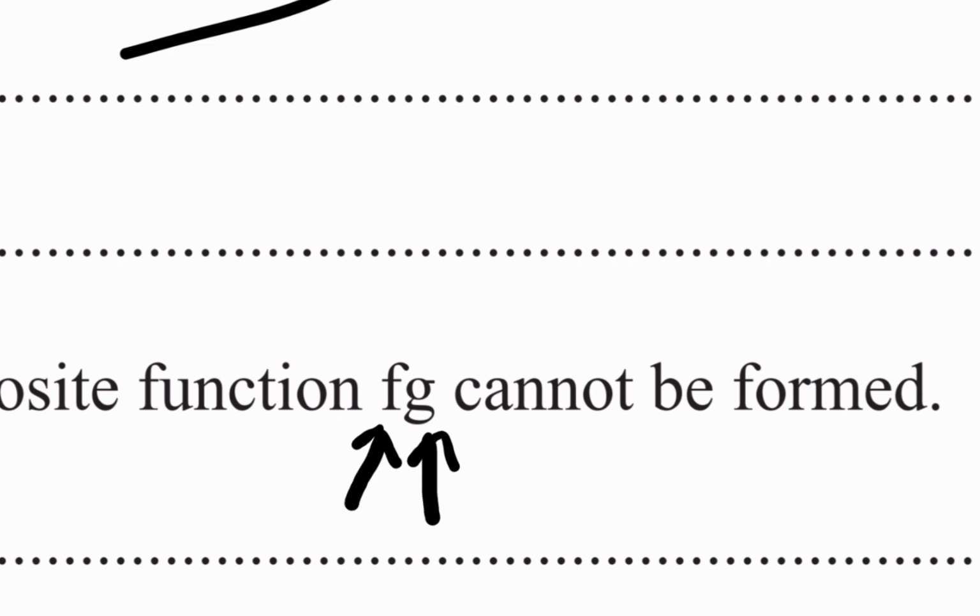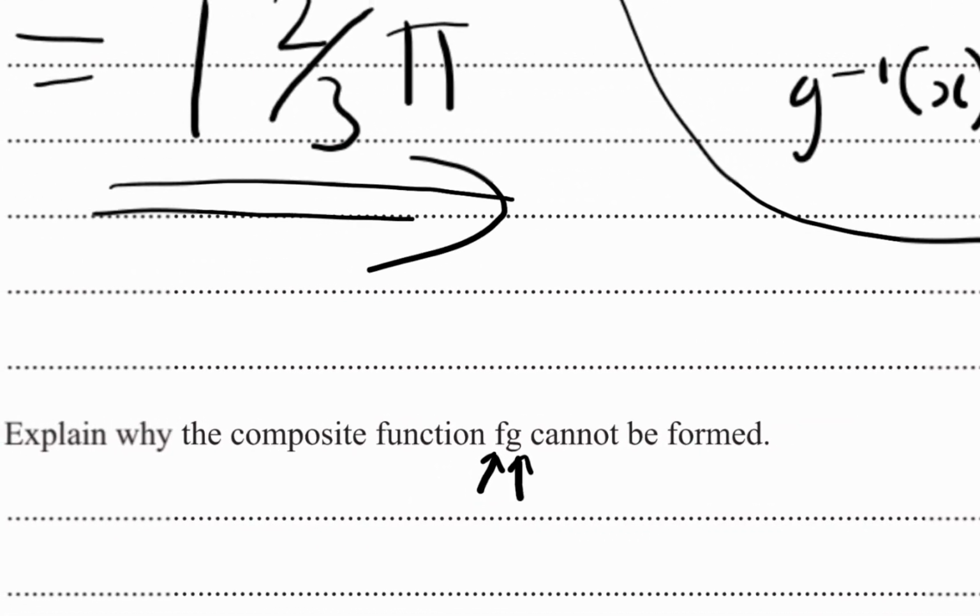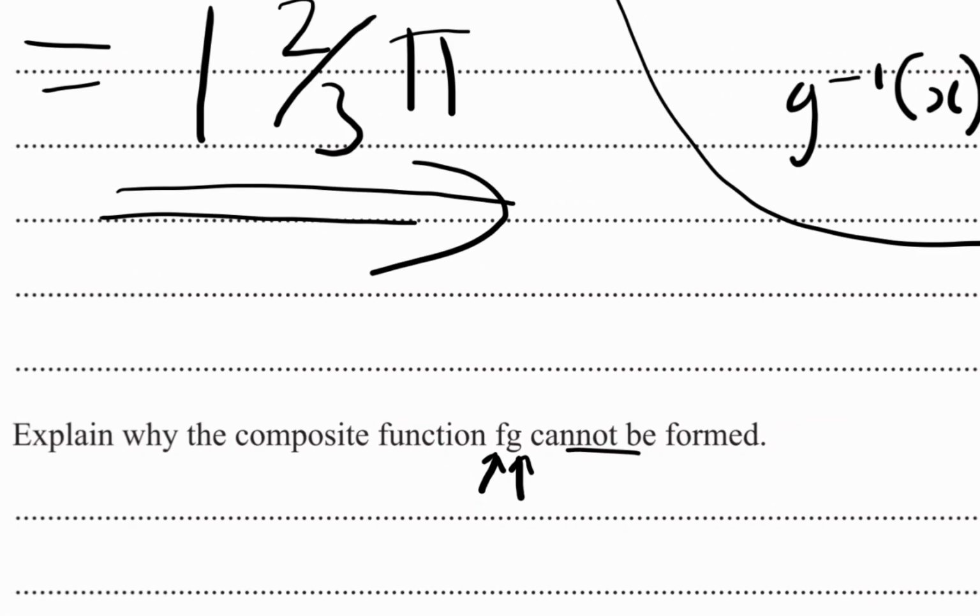So for fg to form, the range of g of x should be within or equal to the domain of the outer function, which is f, right? So if the condition is not met, in this case, because they have already said it cannot be formed, it means that condition is not met, right?